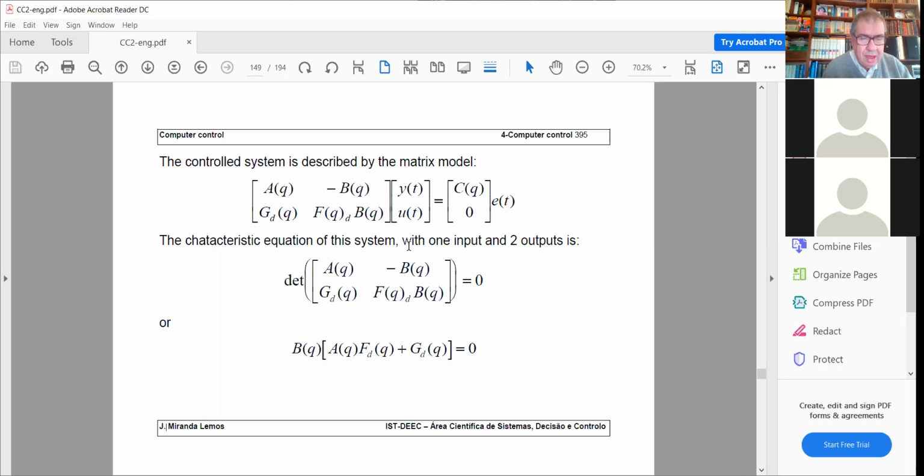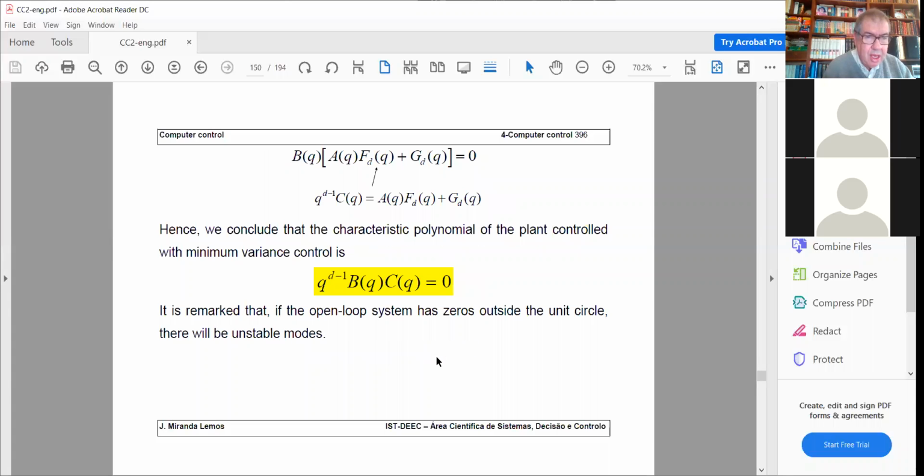Now it's a matrix transfer function. This determinant is AFB plus BG, so you can put the B in evidence. This gives you all the poles of the closed loop system. Now, you can use the formula for the division. Remember that we came to the conclusion that AF plus G is QD minus 1C.